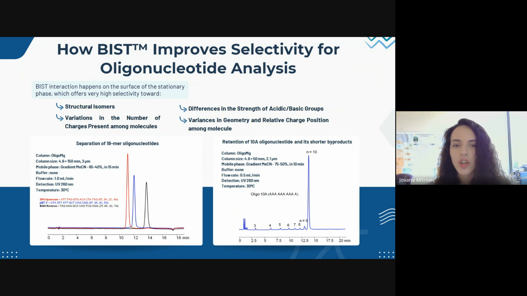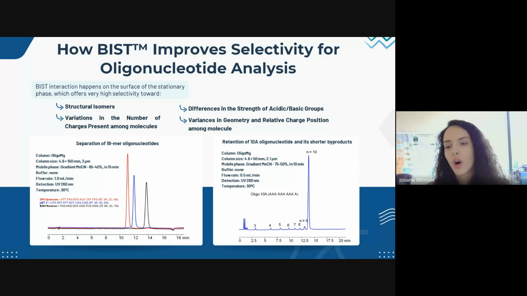It means you can resolve not just the full-length target oligonucleotide, but also closely related impurities, including shorter sequences that result from incomplete synthesis, degradation products from chemical or enzymatic breakdown, minor structural variants or byproducts that differ by just a few nucleotides.